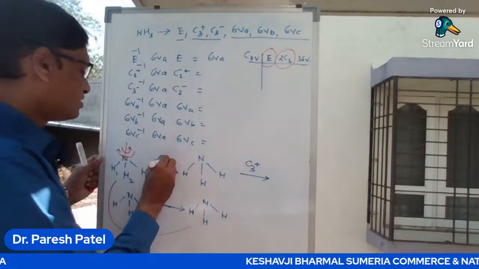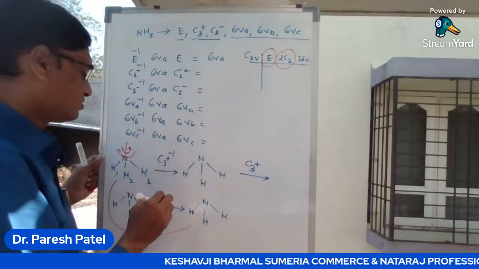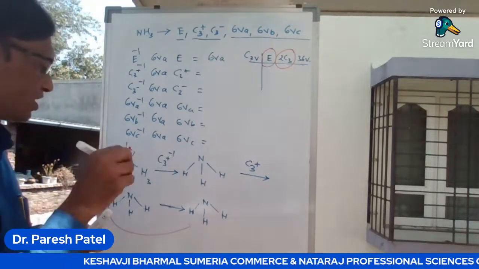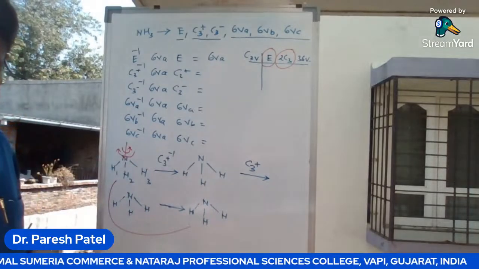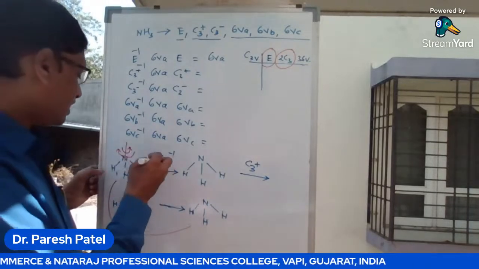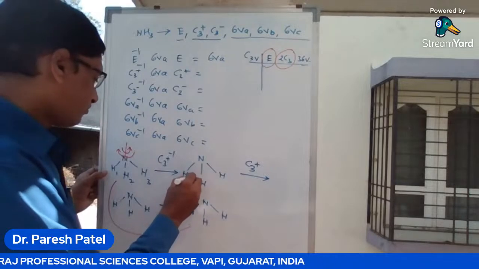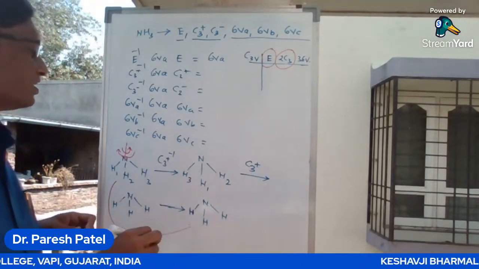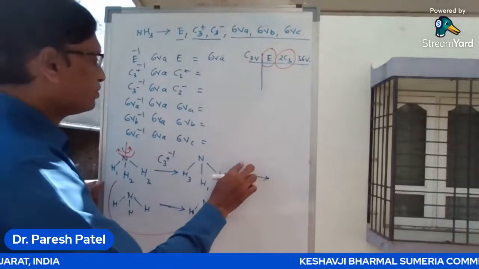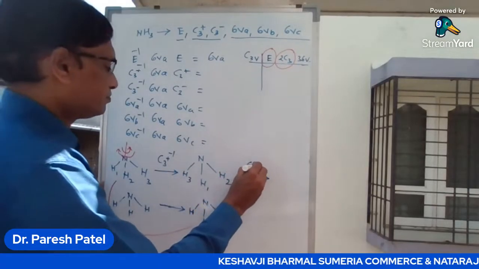C3 plus means one time clockwise rotation, and C3 plus inverse means one time anti-clockwise rotation. Anti-clockwise rotation means 3, 1 and 2.